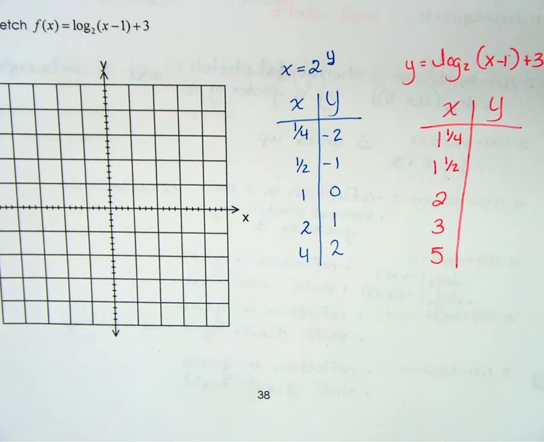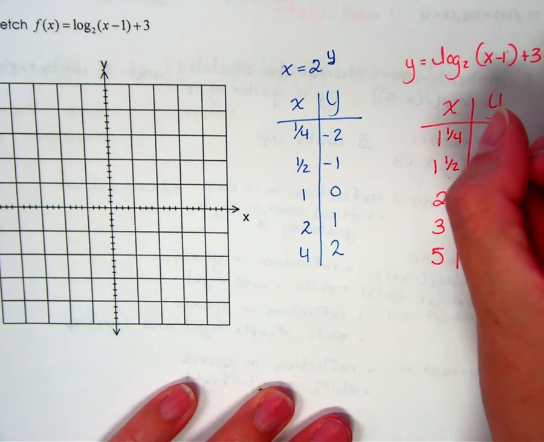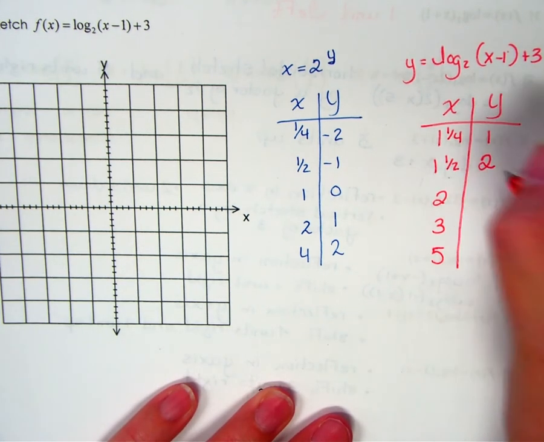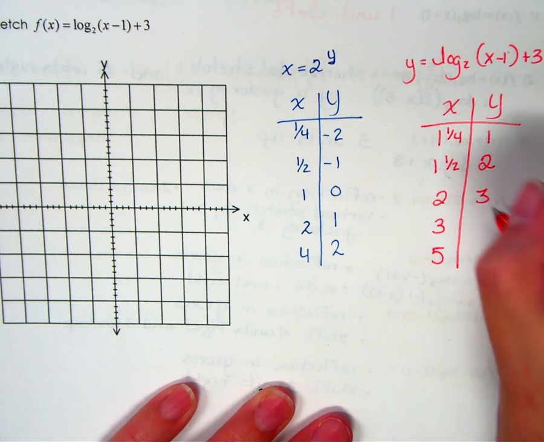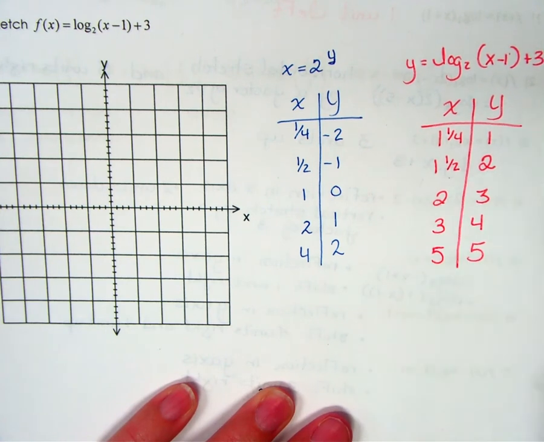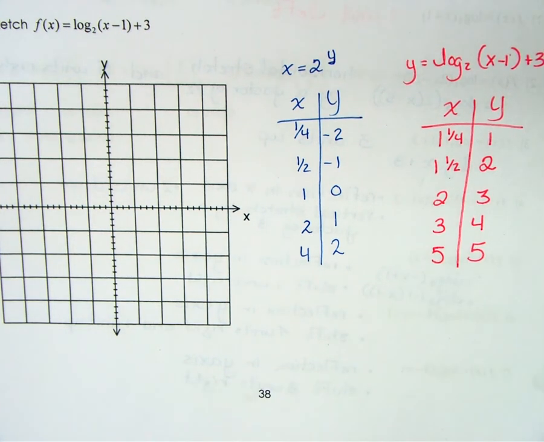I think we found the strategy that doing all of our x's first and then all of our y's is easier for us. And then I'm just adding 3's to my y's.